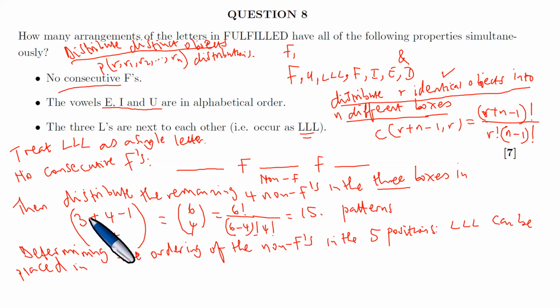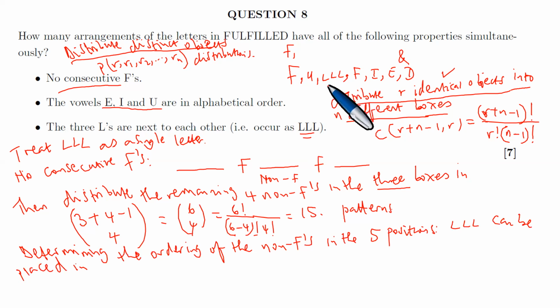And then how many are the identical objects we are putting into the boxes? We've already said that the objects that will be put there would be 4 objects. We agree that we're counting 1, 2, 3, 4, 5 non-Fs, but the triple L is 1. Then we can regard the vowels as one symbol. So the U, the E and the I are 1.